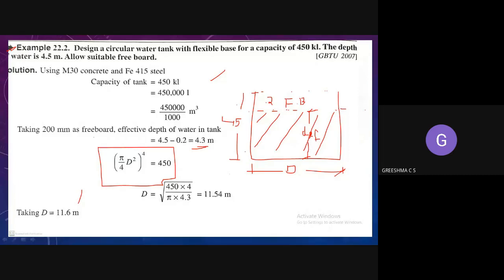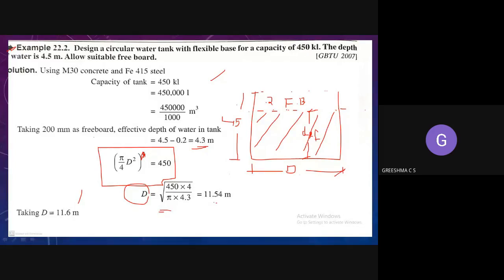Okay, this square is not there, this 4 is not here. That is a mistake actually. So pi by 4 into d square, we know this is volume. So pi by 4 into d square is equal to 450. From this you will find out this D. If you rearrange this equation, you will get D is equal to 11.54.